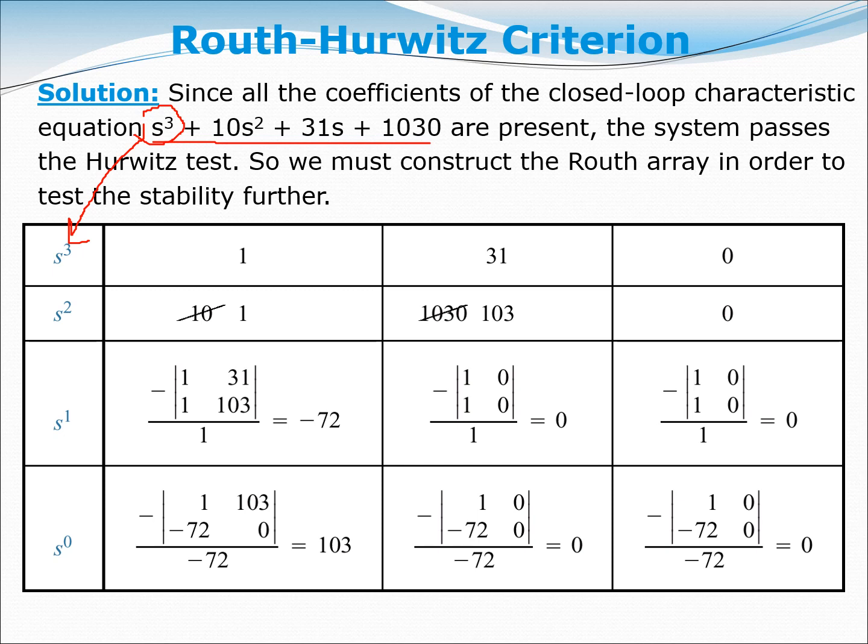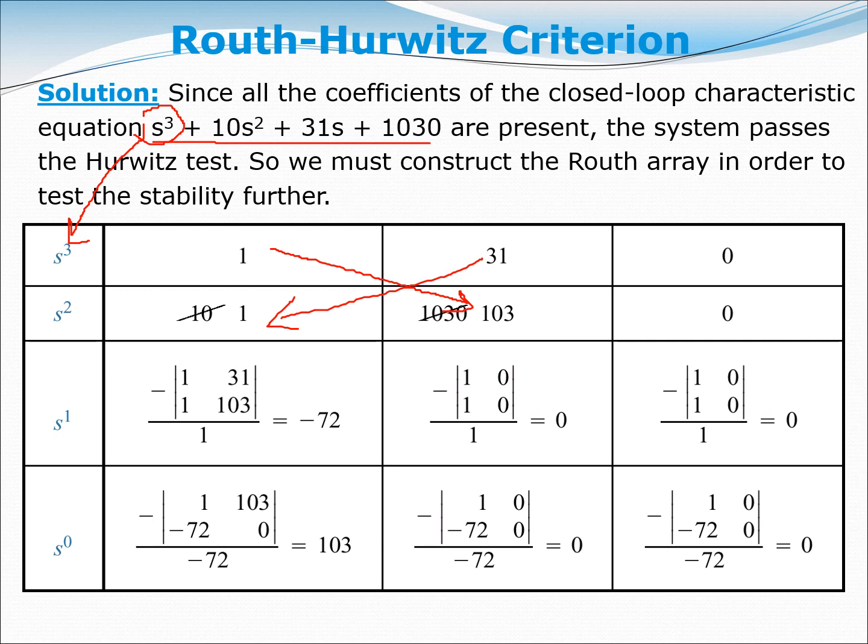Alright, for the third row we start with the calculation. You can use the previous calculation, or you can use this determinant calculation where you just put a negative outside of the determinant. If you still remember, first you need to multiply 31 with 1. I just use the previous sequence: 31 minus 1 times 103.